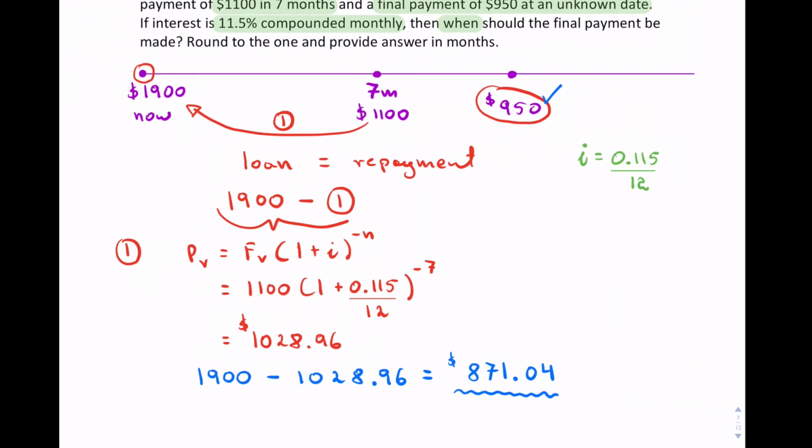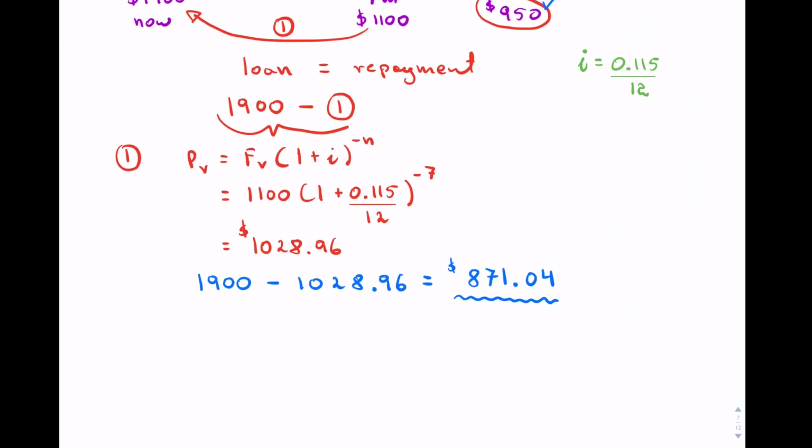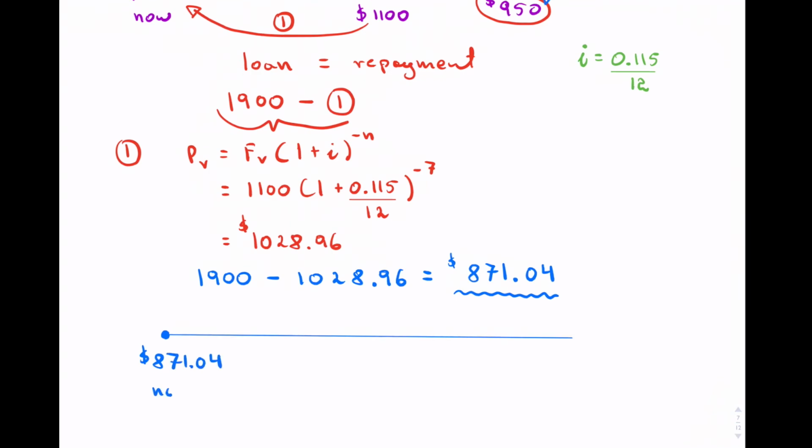I'm going to redraw this in my new timeline. Right now, I have 871.04. I have to repay this by 950 at some point that I don't know.